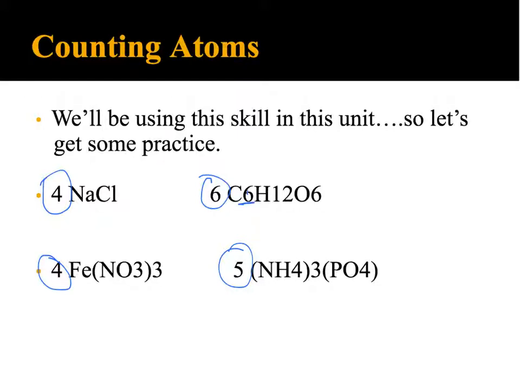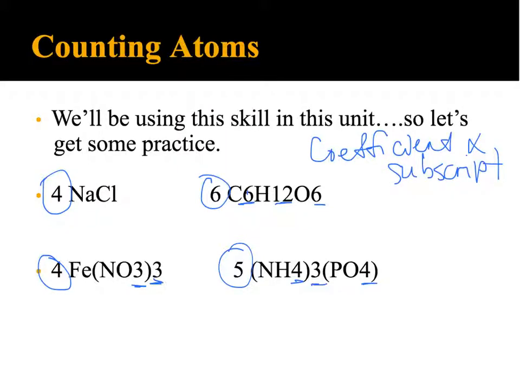These numbers right here should be written down below, but when this file got transferred, it got rid of my formatting. The way this works is it's always the coefficient times the subscript, and it works the way you distribute things in math.